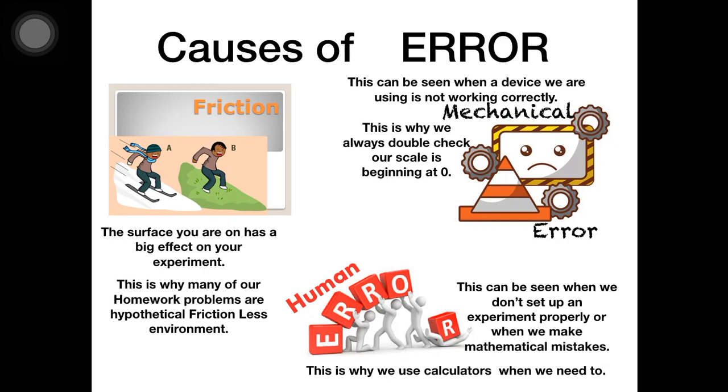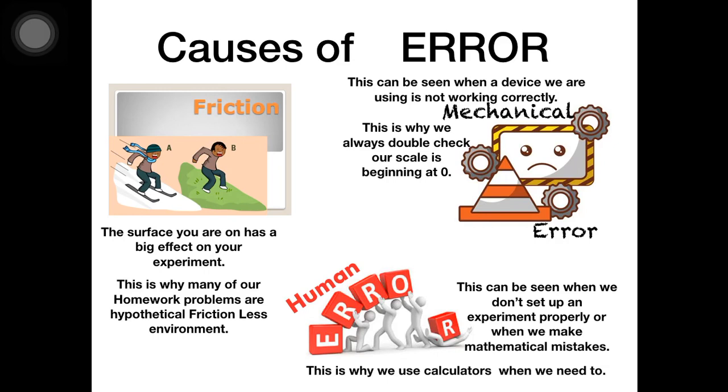If we are setting up an experiment and we don't do something right, then this is caused by human error. If we don't measure correctly, or if we switch our numbers around and don't write them down in the right order, or if we simply cause something to break due to our own neglect. This is human error. This is why we use calculators when we need to.